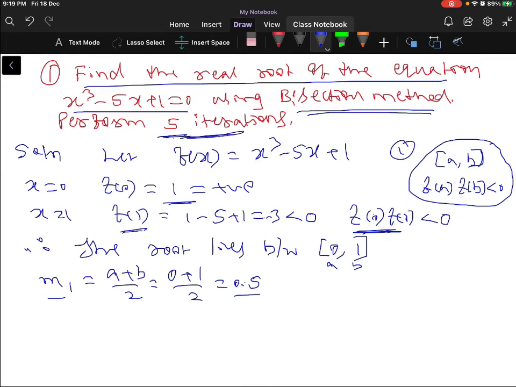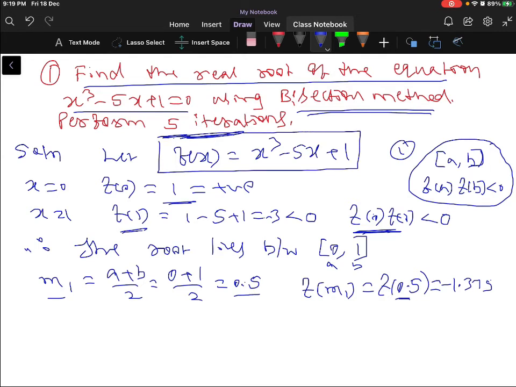This is an approximate root of the equation x³ − 5x + 1 = 0. But here you have to perform 5 iterations of the bisection method. So now we have to find f(m1), that is f(0.5). Substituting x = 0.5 in f(x) = x³ − 5x + 1, we get −1.375.